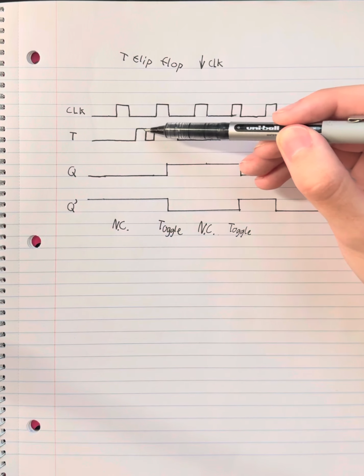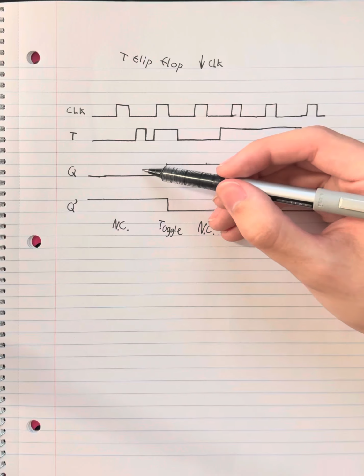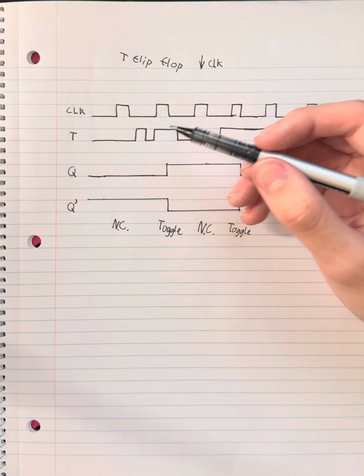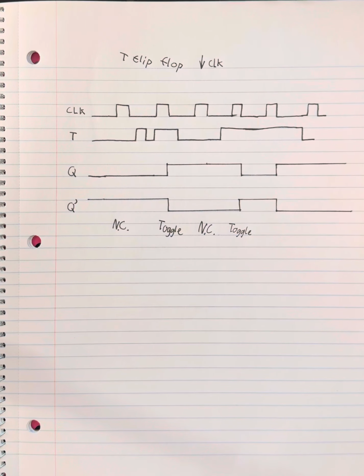So if this happened to be a clear, this was a 1, it would go down to 0. I didn't draw a clear in mine. It is possible that it can have a clear or not have a clear, but it probably most likely has a clear.